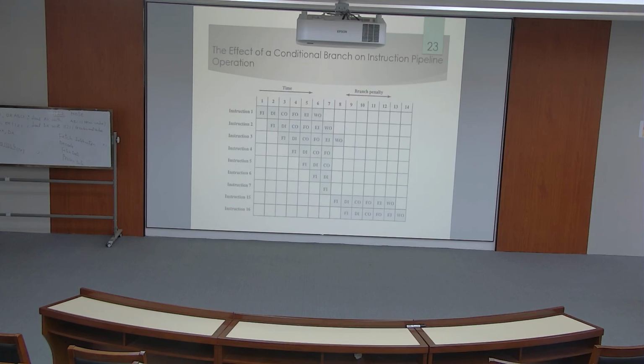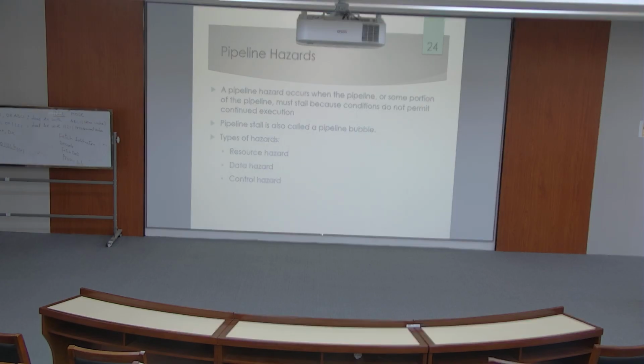So, with a conditional branch in the instruction pipeline, we can also have a branch penalty. This is something that we're going to talk about next class. Then we're also going to talk about the pipeline hazard. A pipeline hazard occurs when the pipeline or some portion of the pipeline must wait because conditions don't permit it to continue the execution.